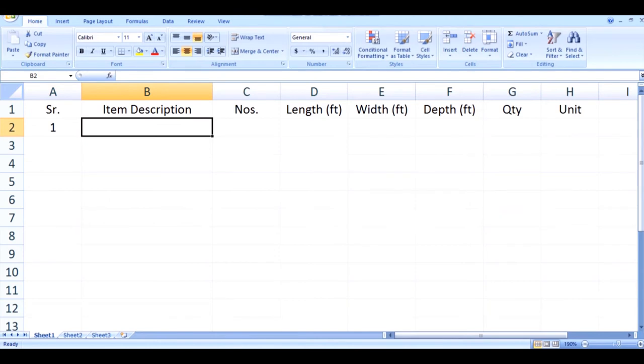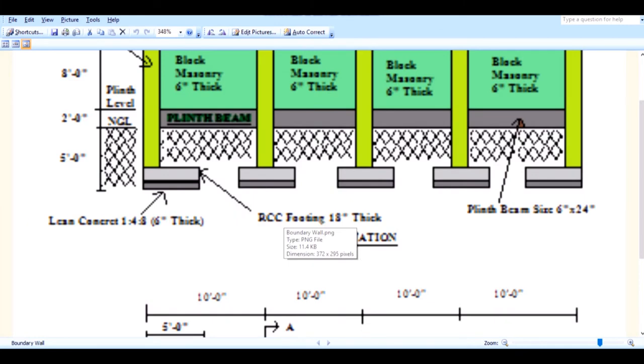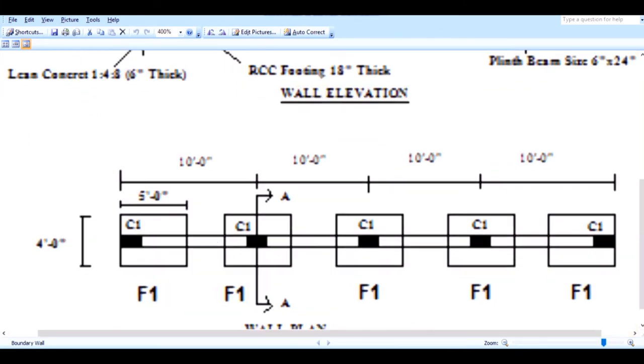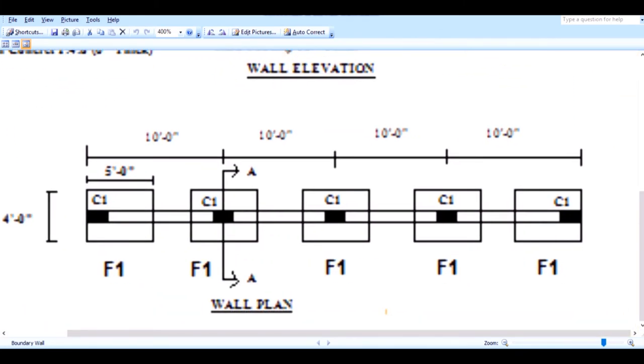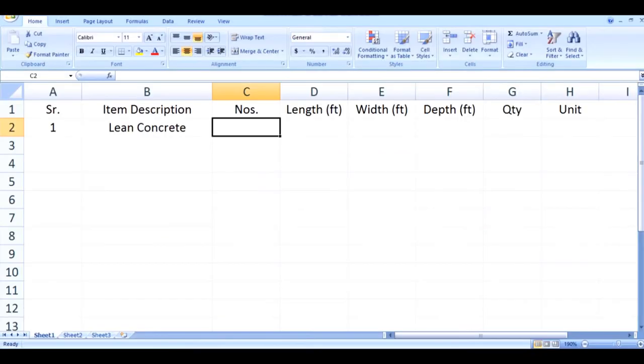In item description we write lean concrete and count how many foundations are there. There are 5 foundations in our masonry wall. All are the same type, that's why the dimensions will remain the same. So first we type 5 in numbers.